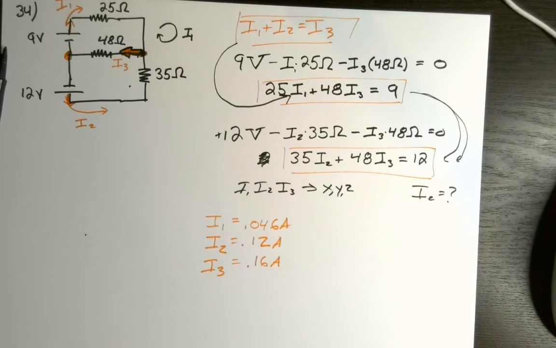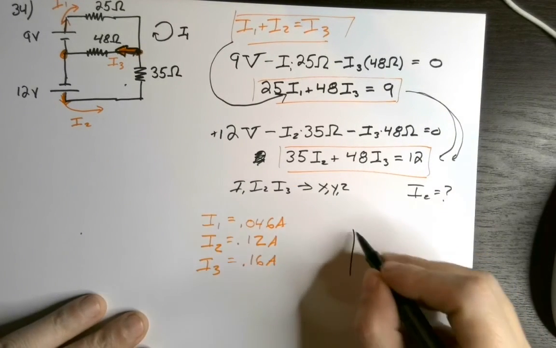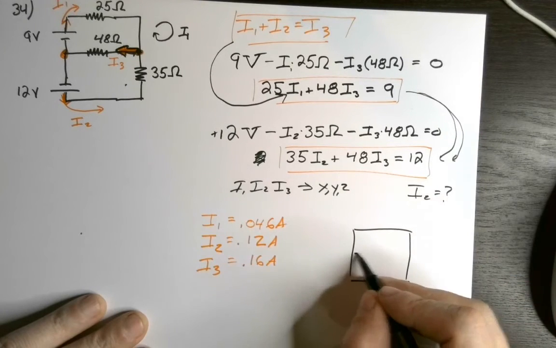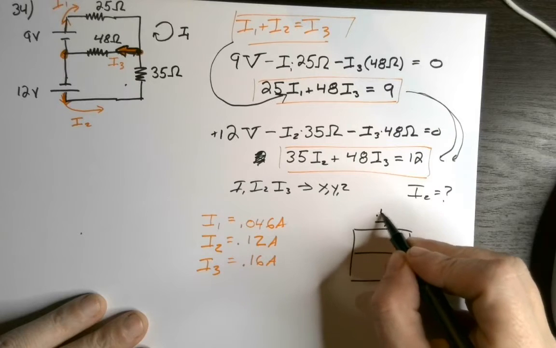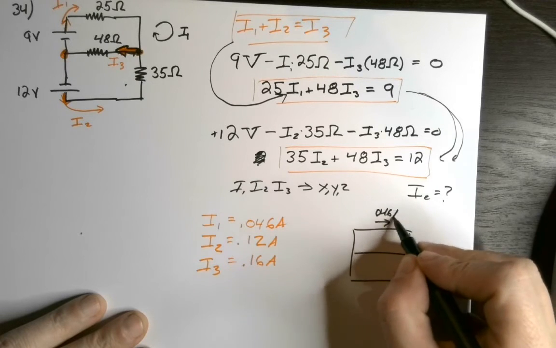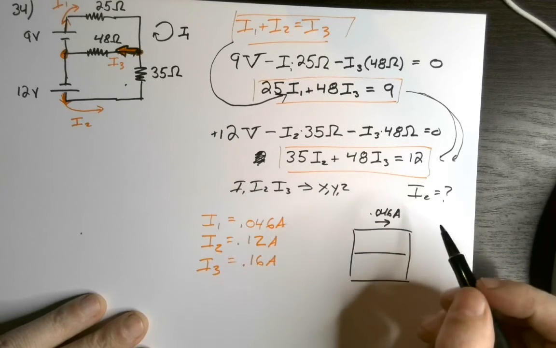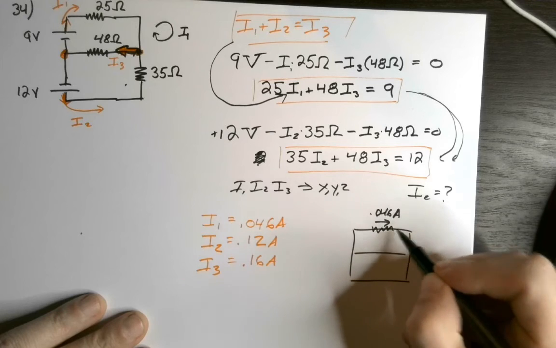And going back to our diagram, what does that mean in terms of the directions? I1 was this way, so 0.046 amps is the current through resistor 1 towards the right.